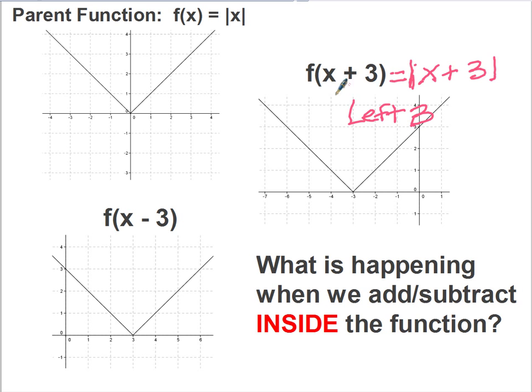So if adding 3 inside the function moved us left 3 units, what do you think is going to happen when we subtract 3 inside the function? In equation form, the x minus 3 is going to be inside our absolute value brackets. Let's see what happens on our calculator.